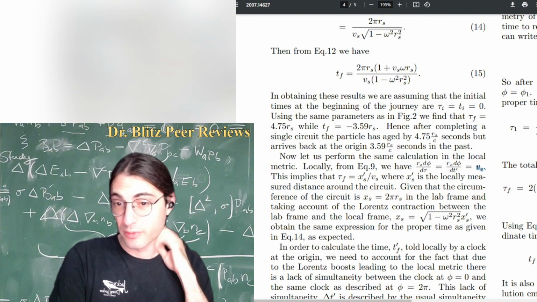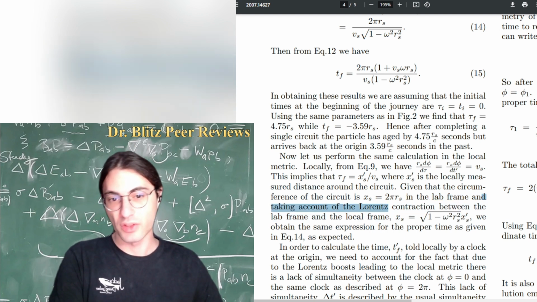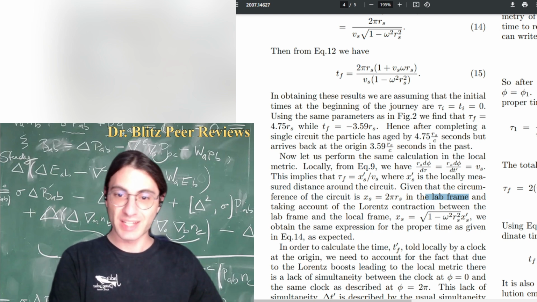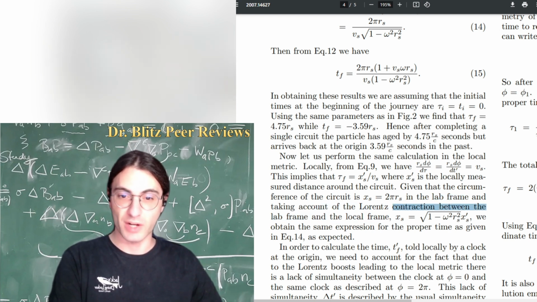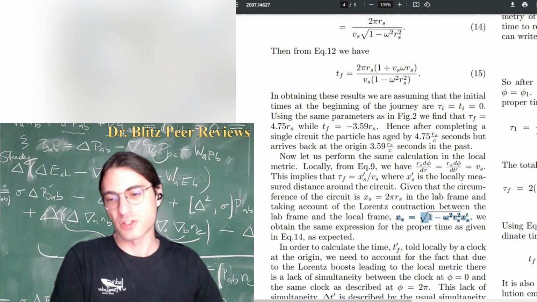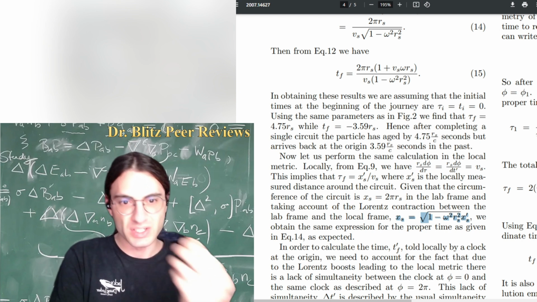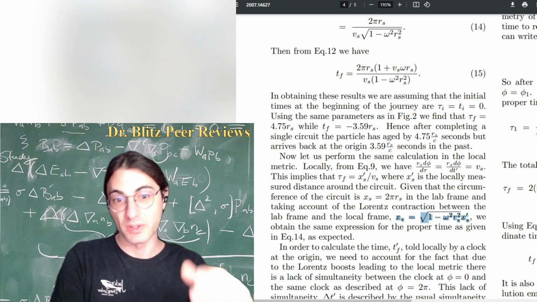Given that the circumference of the circuit is x sub s equals 2 pi r sub s in the lab frame, and the lab frame, by the way, is the reference frame of the person who's stationary, not the person moving around in the circle, and taking into account the Lorentz contraction between the lab frame and the local frame, because the local frame is moving, x sub s is given here. There's Lorentz contraction because the rotating platform is rotating, and so the distance traveled around the rotating frame is different.